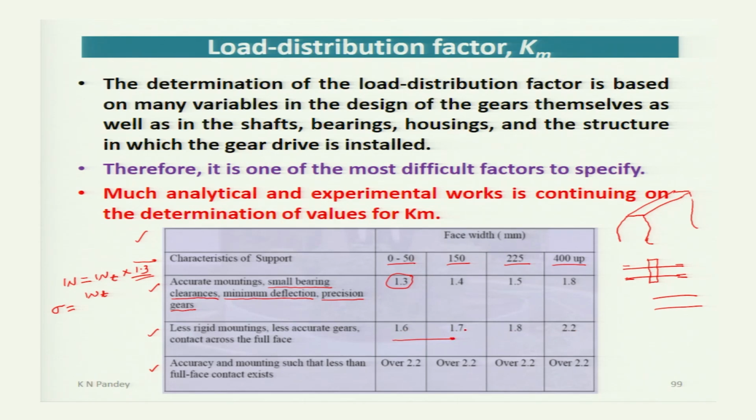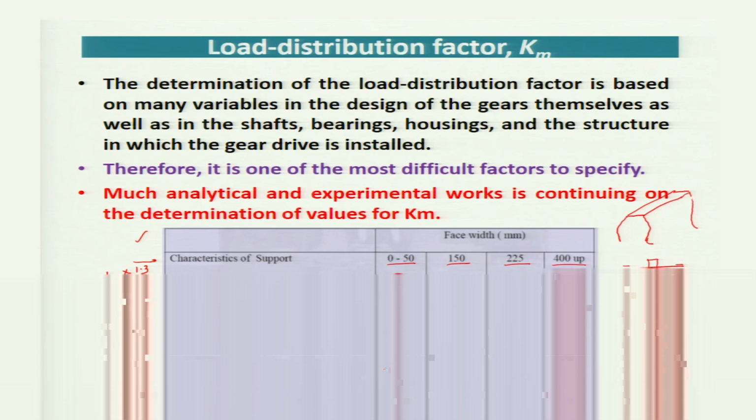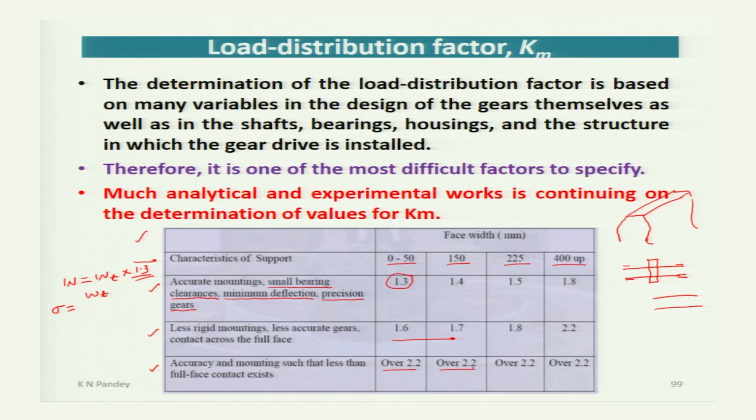Here 60%, 70%, 80% and 120%. Then last one is accuracy and mount. So you see, these factors are taken very big, 2.2, 2.2, 2.2 and 2.2. So knowing the condition, you can select the mounting factor Km, and that may be used to get the bending stress.